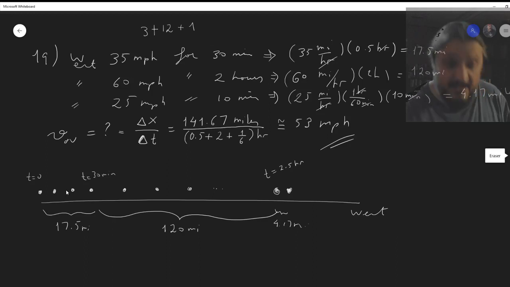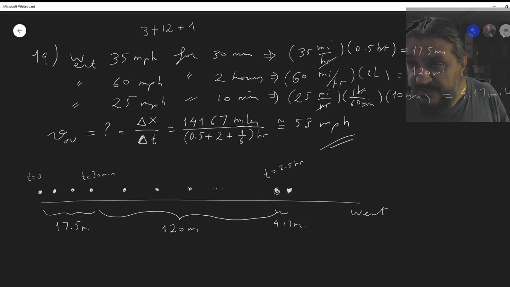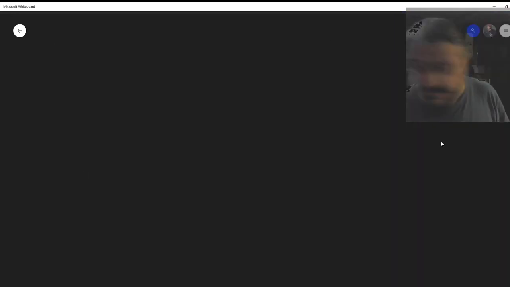Alright? Okay, this was 19. Let's do a problem. Okay, this was average velocity. Do we have an instantaneous velocity problem, right? Let's see. All right.